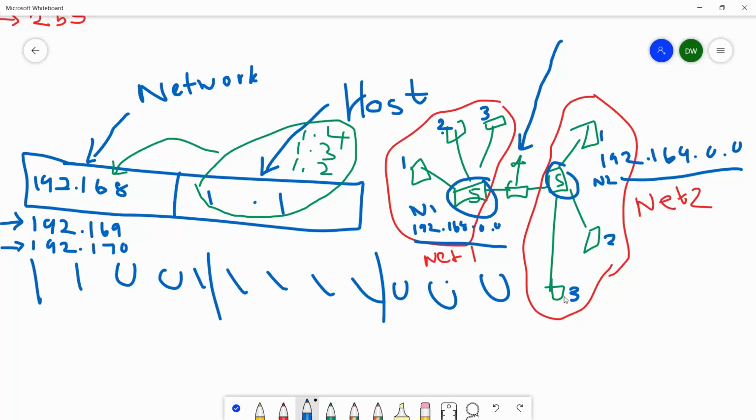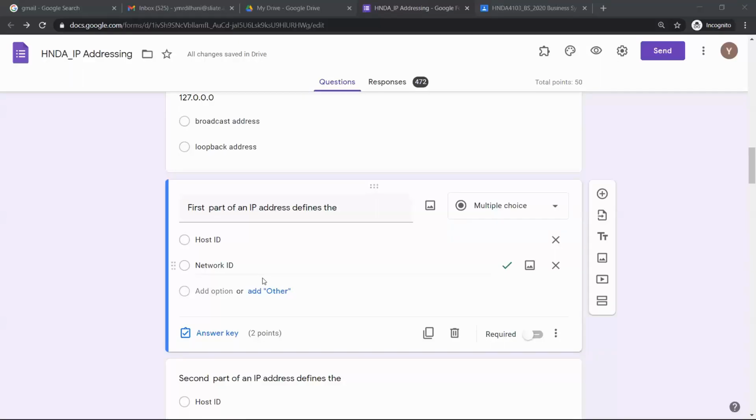Right? So what you have to remember is you have 2 different sections in an IP address. One is called network and the other is called host. Network is to understand the network side, and host address is to understand the host or the computer address, right? Okay, I think now you can answer this question.